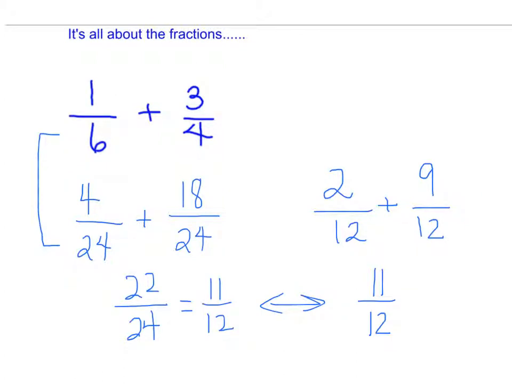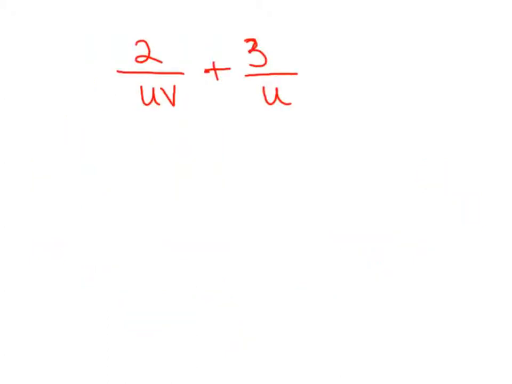So that's the basic concept, and that's all we're going to do, only this time we're going to have rational factors. So on this one we see that we have 2 over u times v plus 3 over u. And another way to think of this is that we would have 2 over 2 times 3 plus 3 over 2. All right, so we could see that u times v would be 6, u is 2, and I need to multiply the bottom by 3 to get a common denominator.